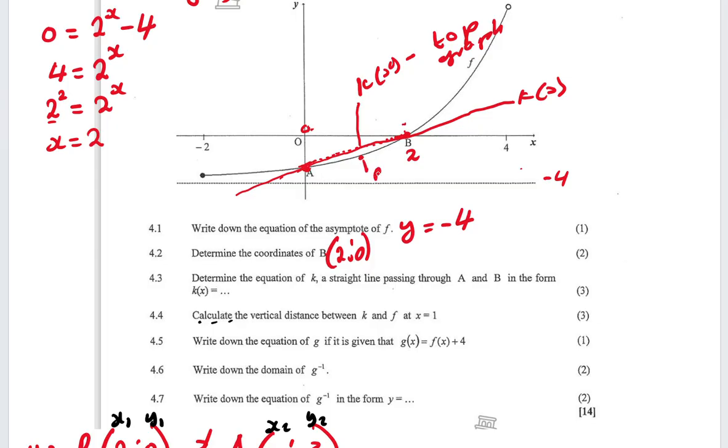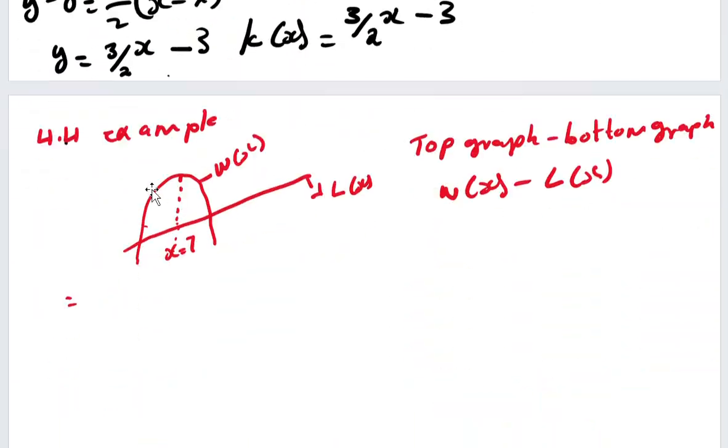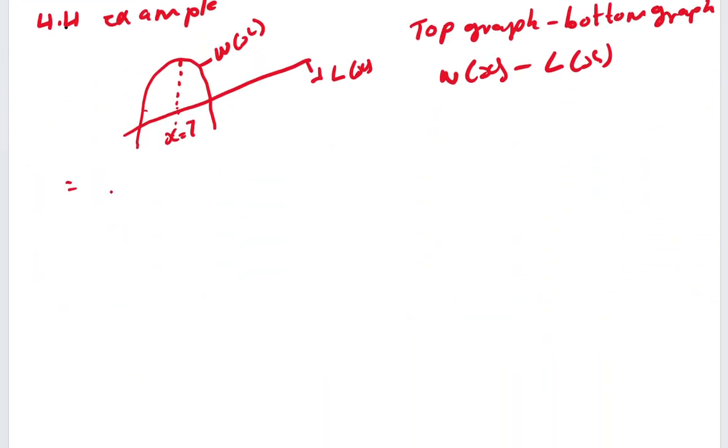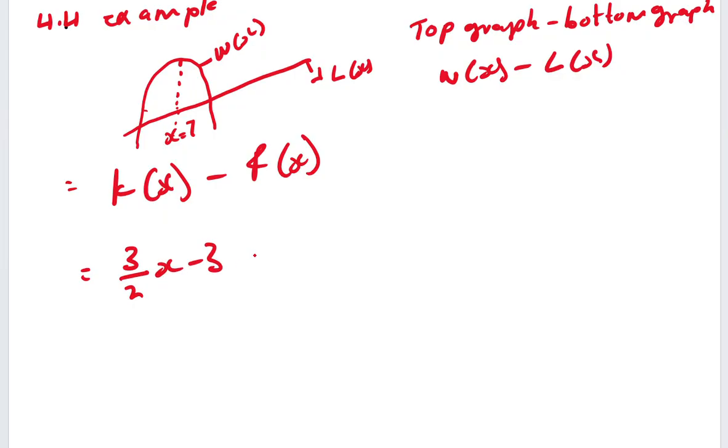So our x is 1, and we say top minus bottom. Our top is k of x, 3 over 2 x minus 3, minus our bottom, f of x, which is 2 to the power x minus 4.